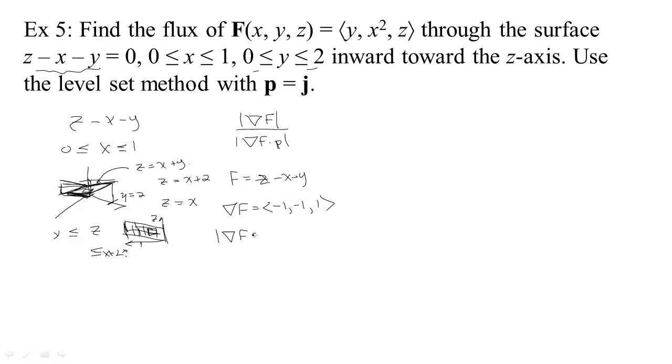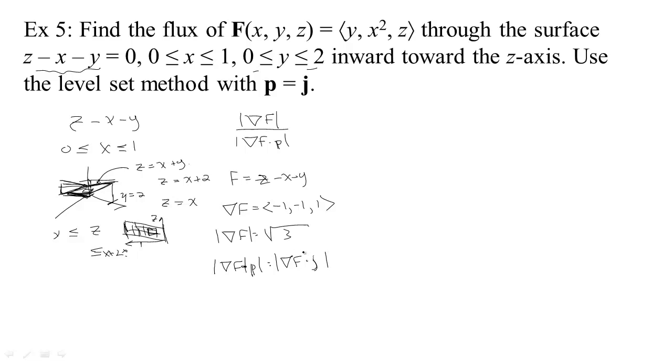So the length of the gradient is the square root of 1 plus 1 plus 1, which is going to be the square root of 3. And the absolute value of the gradient of f dotted with our projection direction p, well, we're actually dotting it with j because we're projecting down the y-axis.